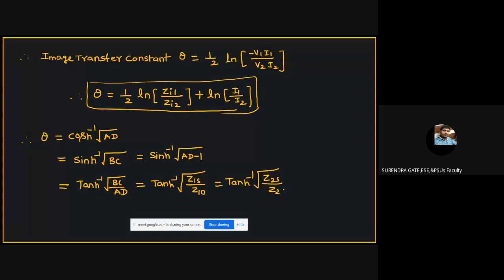Okay, these are the image transfer constant. This image transfer constant is calculated from the knowledge of Z1S and Z2S, by knowing the short circuit impedances and open circuit impedances.